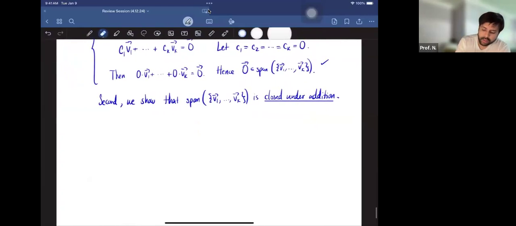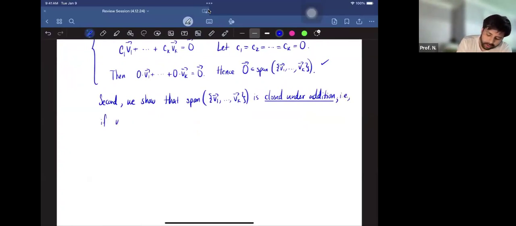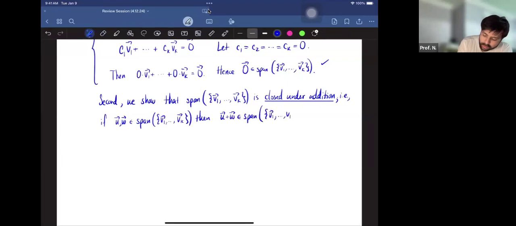So in other words, if u and w are in the span of v1 to vk, then u plus w will also be in the span.